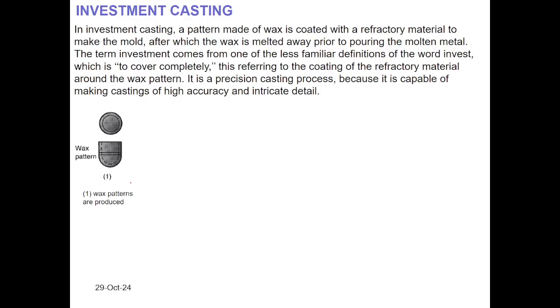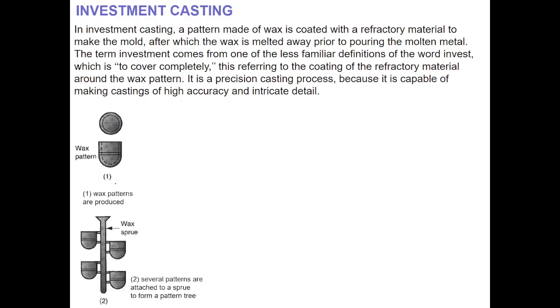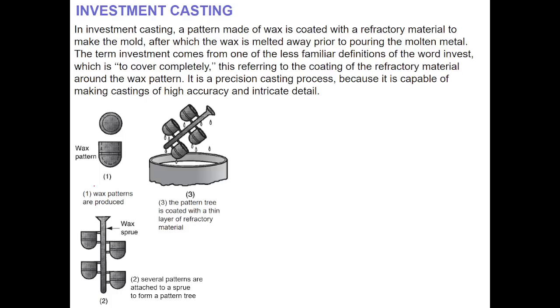Wax is a material that can be shaped easily using a mold. If there is more than one component, then in series and parallel geometry, together with the sprue, we have the others. For having one component, another component, and the others, it looks like three. And these are connected to the sprue.